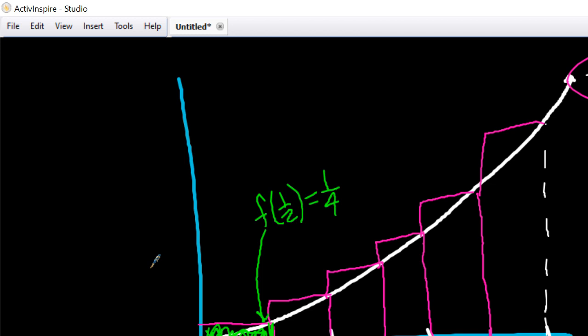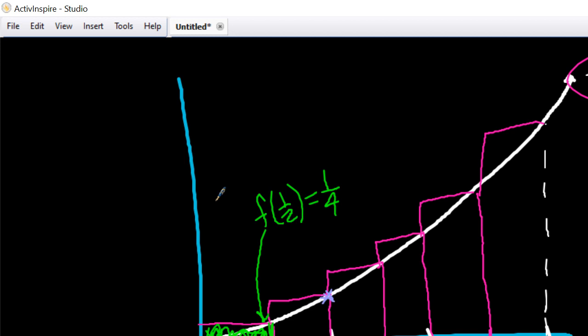How about the area of the second rectangle? What do you think? 1/2 times what? Times 1, which would be 1/2. Does everybody see why?